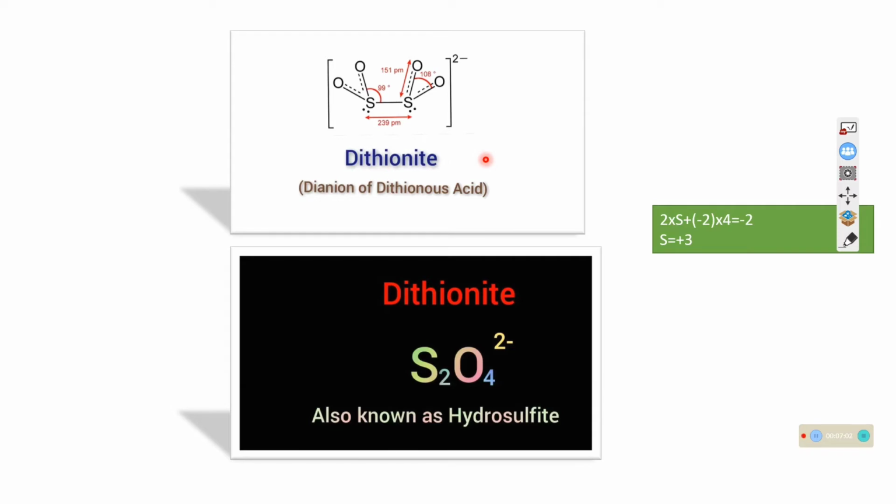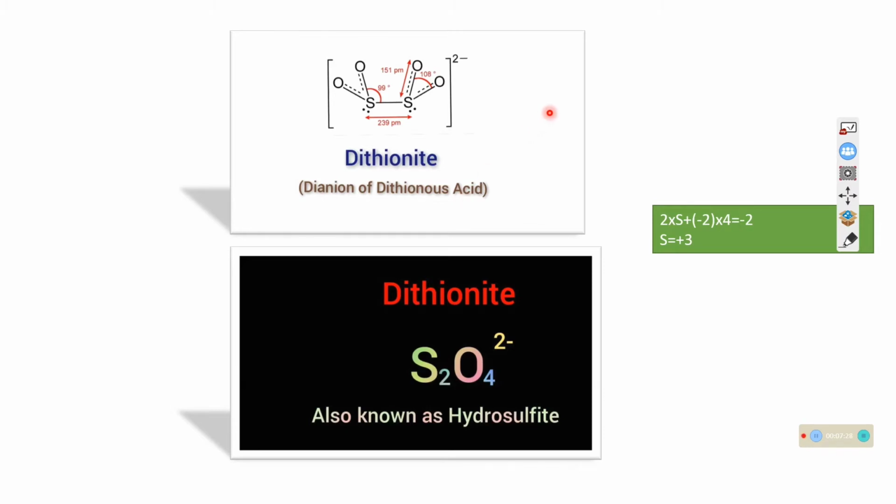When we remove two hydrogen atoms from dithionous acid, we get dithionite. It is also known as hydrosulfite. Dithionite is a dianion of dithionous acid, or you can say the conjugate base of dithionous acid.